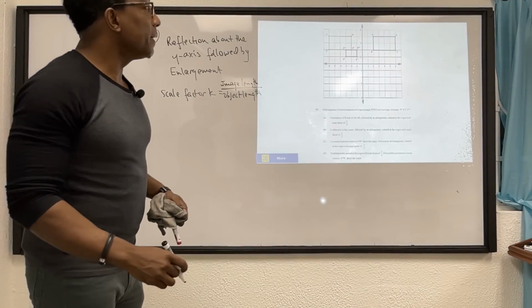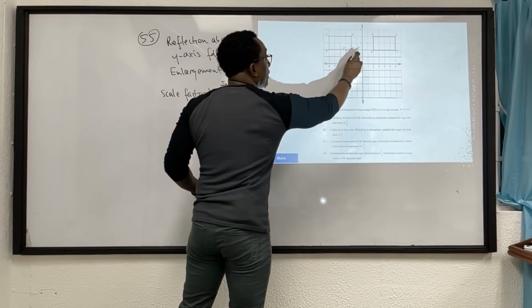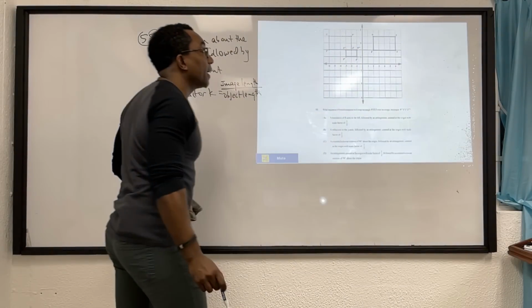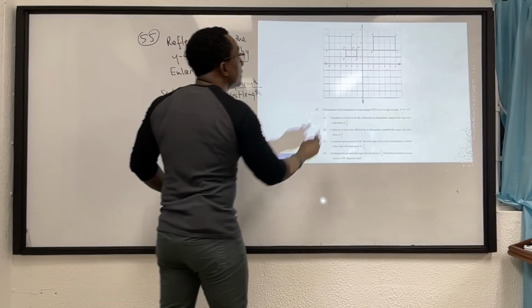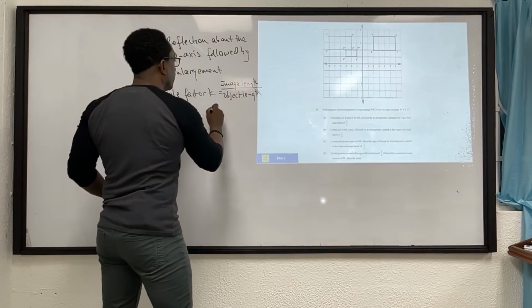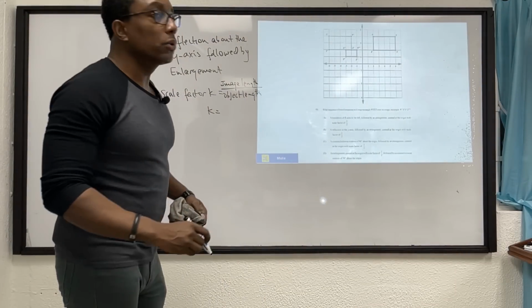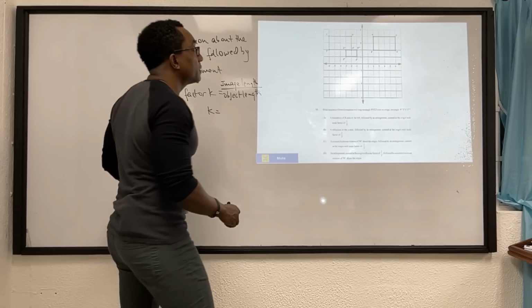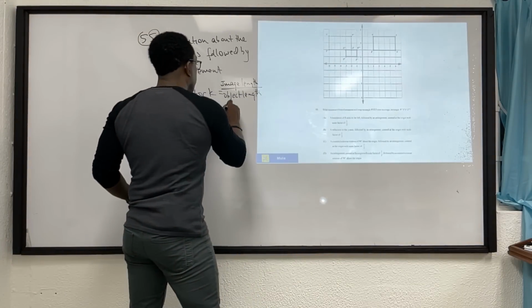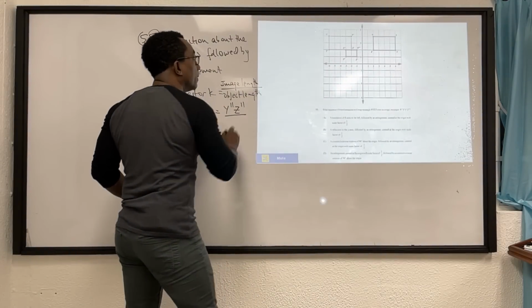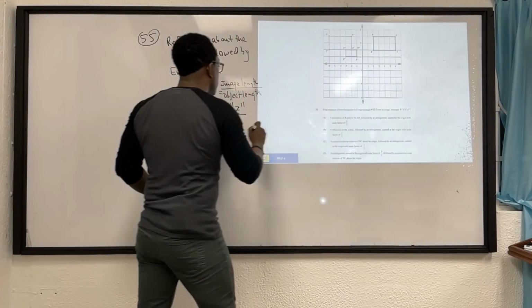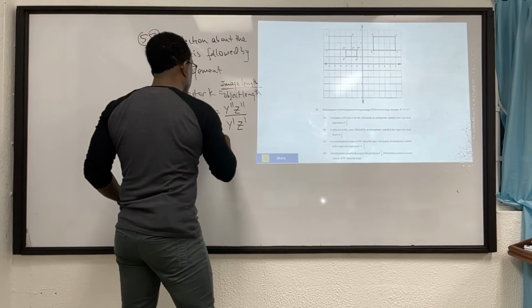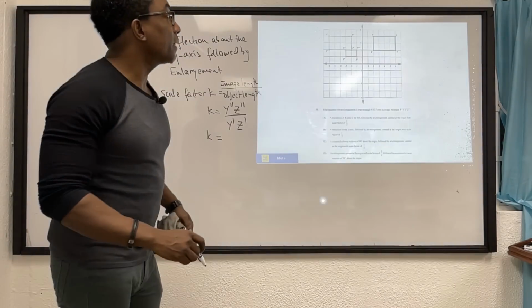Our image is W double prime, X double prime, Y double prime, and Z double prime. You take two corresponding lengths. If you take Y double prime Z double prime, that is the image length, over the object length Y prime Z prime, we get the scale factor.